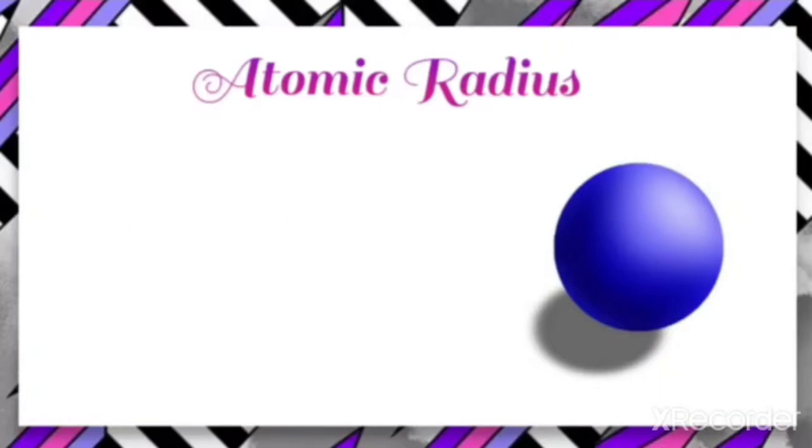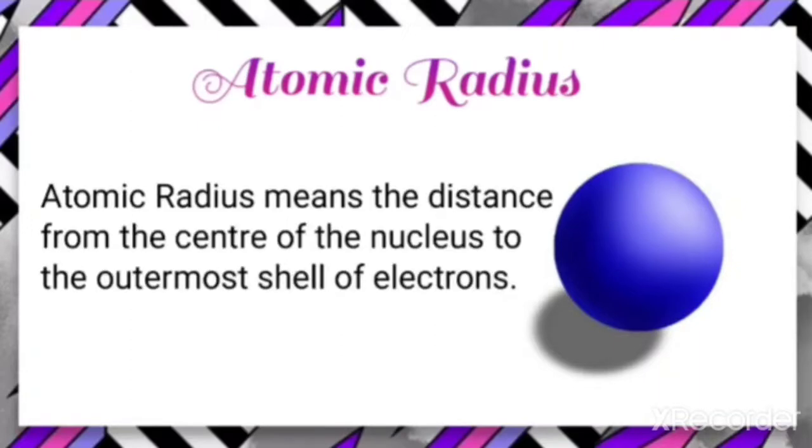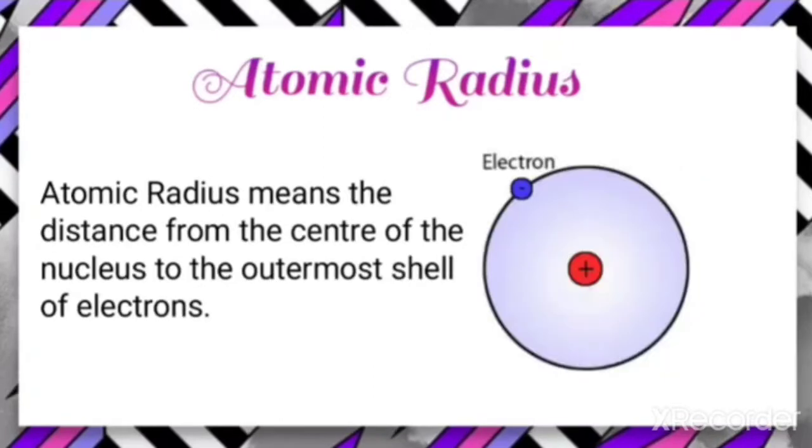How do we define the atomic radius? The term atomic radius means the distance from the center of the nucleus to the outermost shell of electrons. That means if we consider a spherical atom, the nucleus is present at the center and electrons are revolving around in particular orbits.